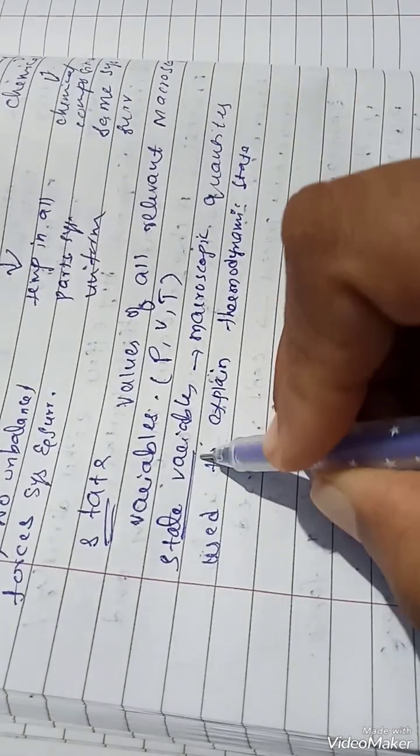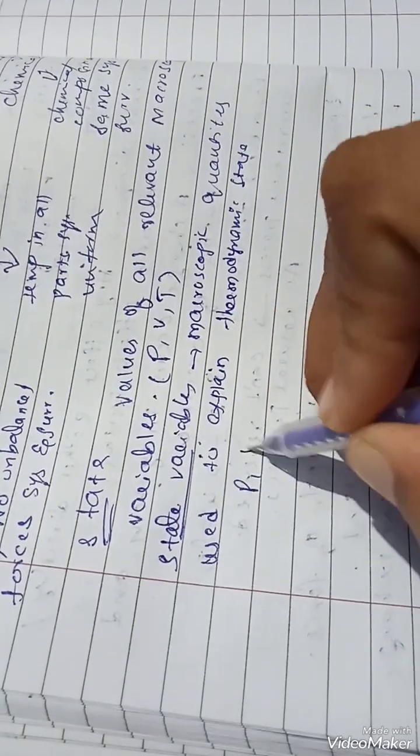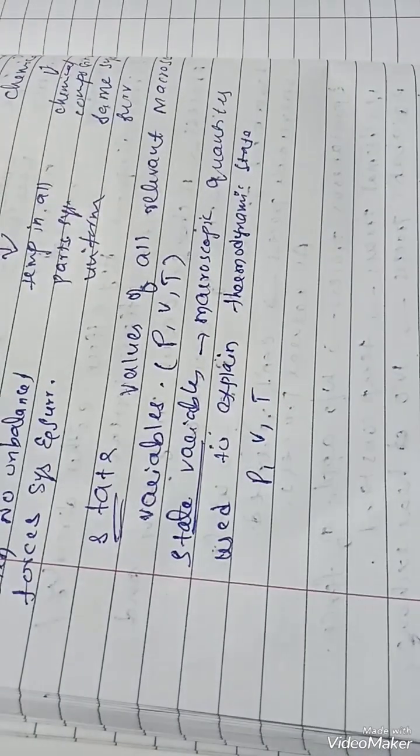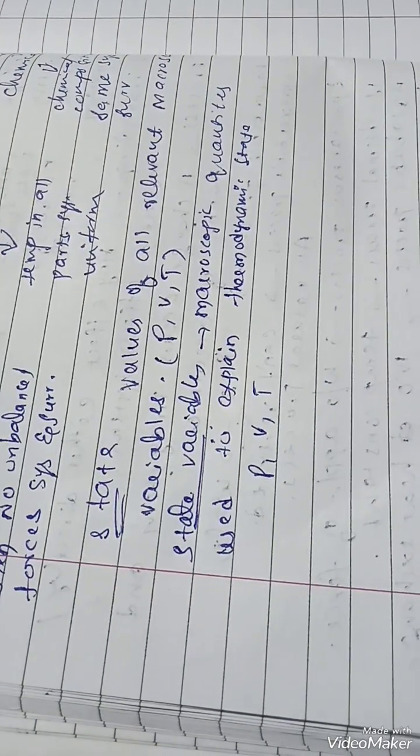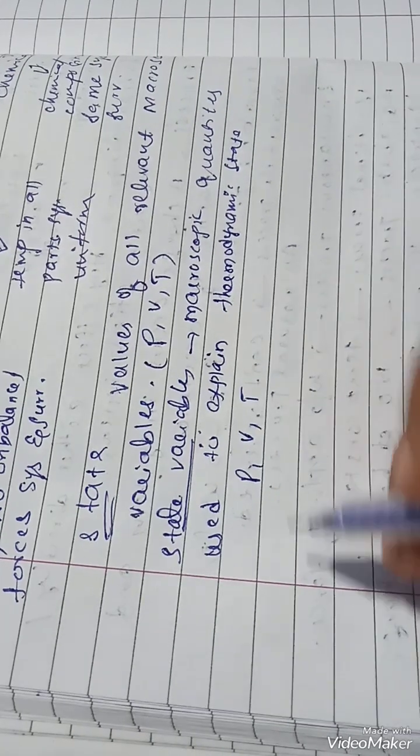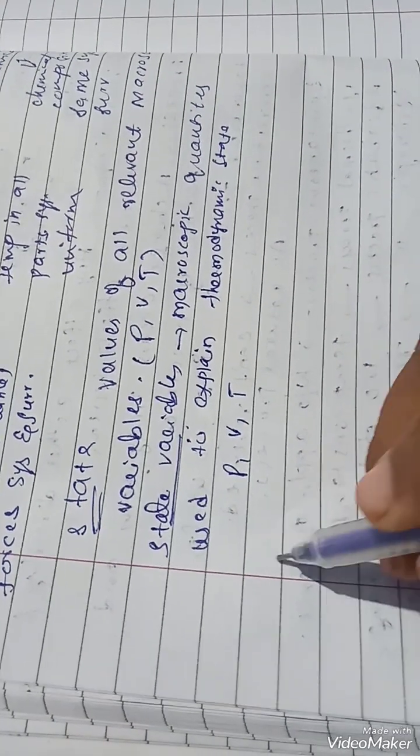We call them state variables. So pressure, volume, temperature come under state variables. Okay. Now next, extensive variables.